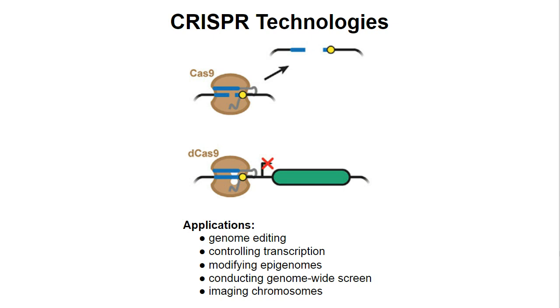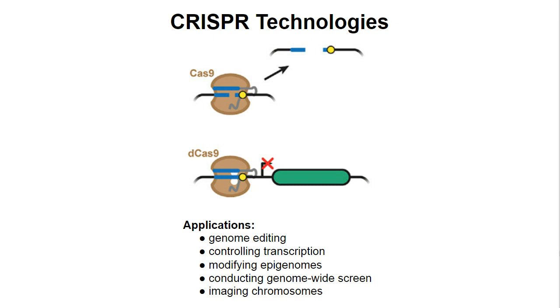It can also be used to perform epigenetics, by targeting Cas9 and combining it with some epigenetic protein that would regulate the structure of the DNA, so we can modify the epigenome. CRISPR-Cas9 can be used to perform genome-wide screens, and finally CRISPR-Cas9 can be used to do imaging.